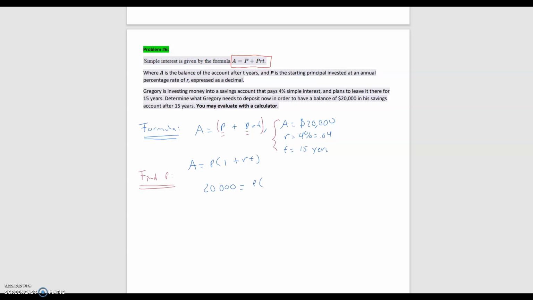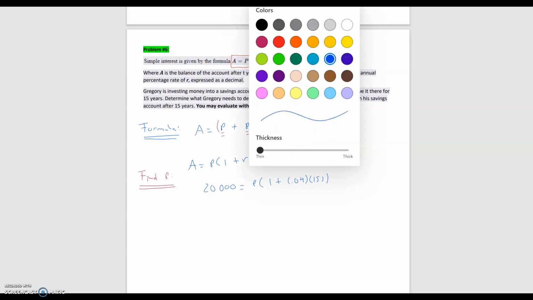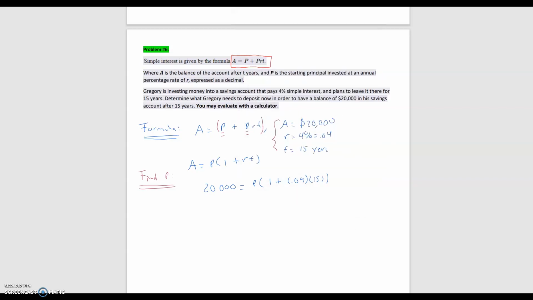This is equal to the principal, 1 plus 0.04 times 15. Okay, so let me divide by that value, 1 plus 0.04 times 15, on both sides.